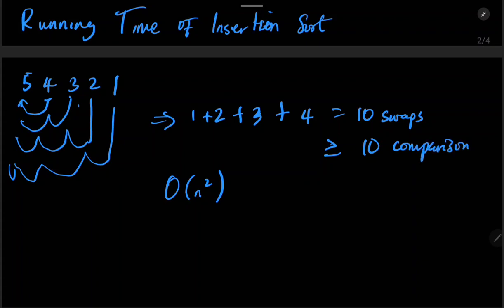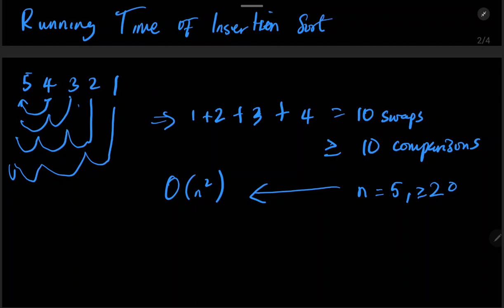So for n equals 5, we already have a complexity of greater than or equal to 20. So this leads us to O of n raised to power 2.